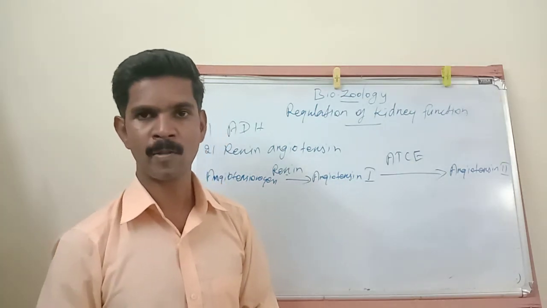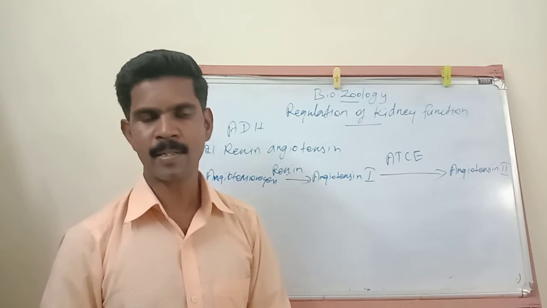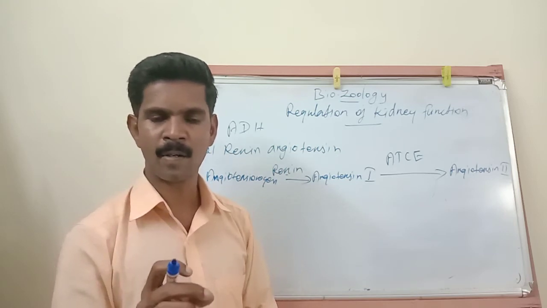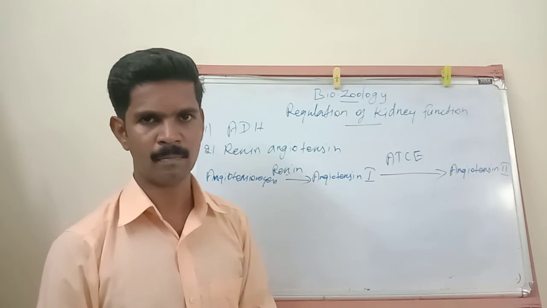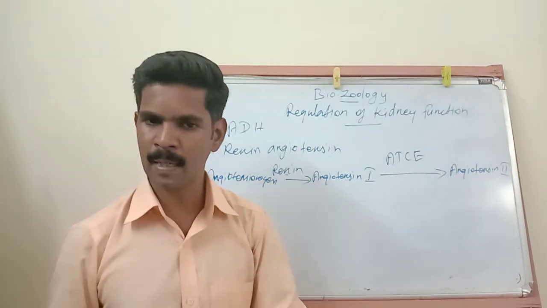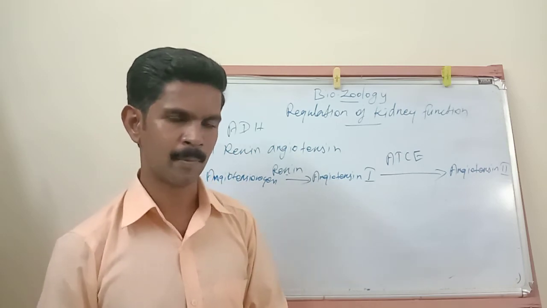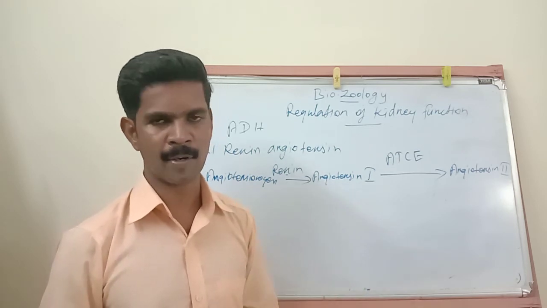Hope you have understood this point. Now, this angiotensin 2 stimulates the reabsorption of sodium in the proximal convoluted tubule. Proximal convoluted tubule, you know, is a part of the nephron.